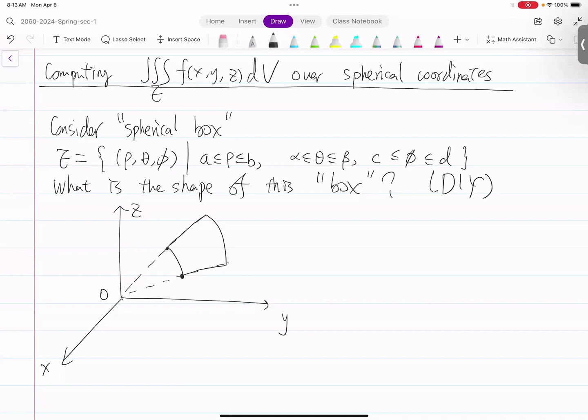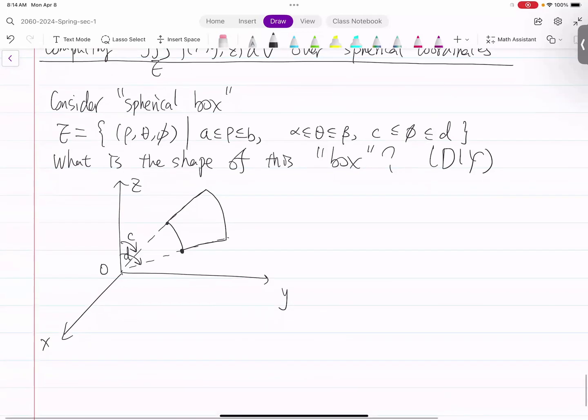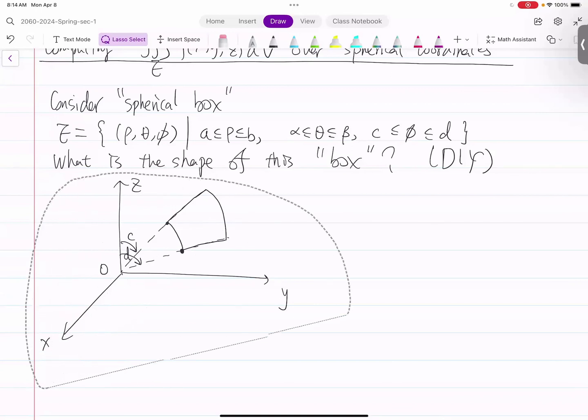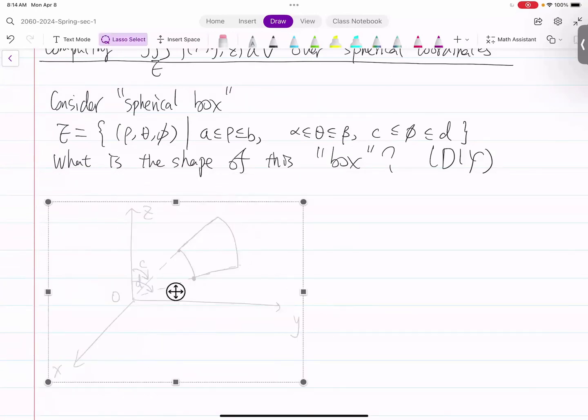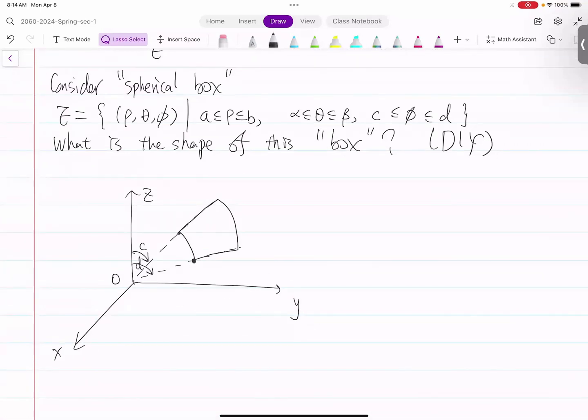So this is c and d, a little bit lower. And then from this point to this point, we have rho between a and b.